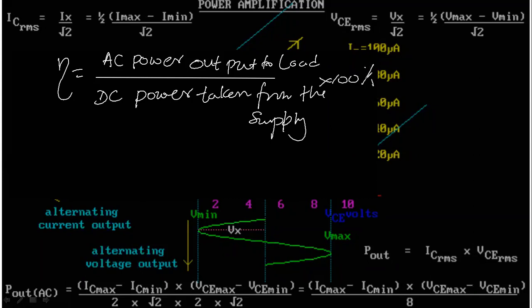So this ratio we define as the collector efficiency. We discussed it in the previous lecture, but keep this definition in mind.